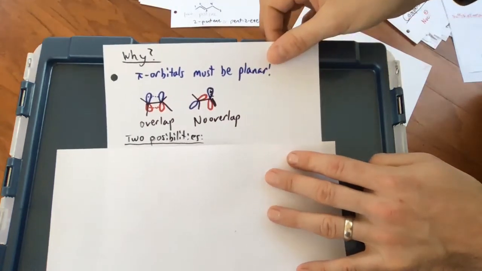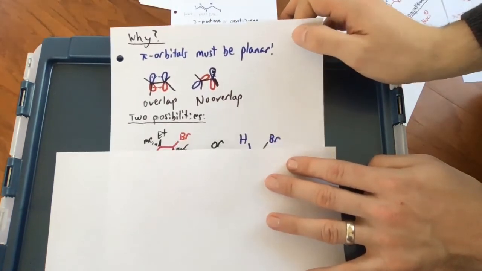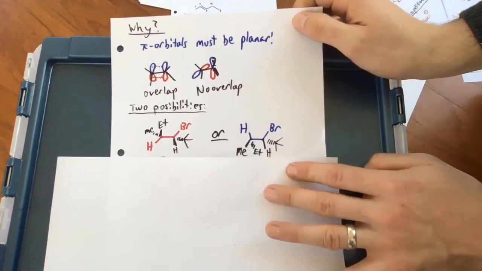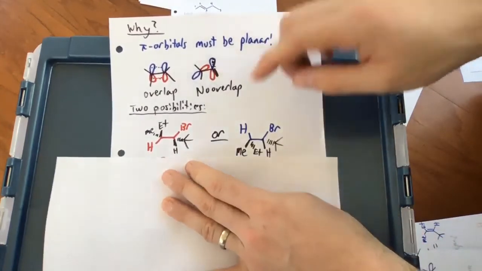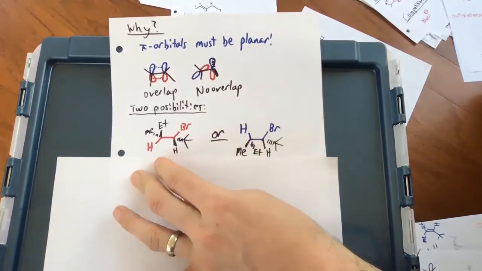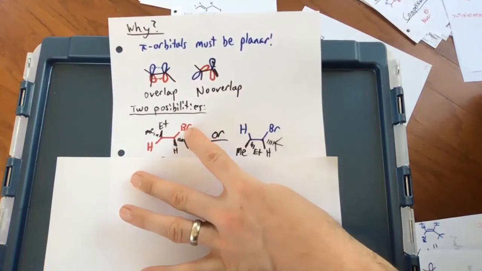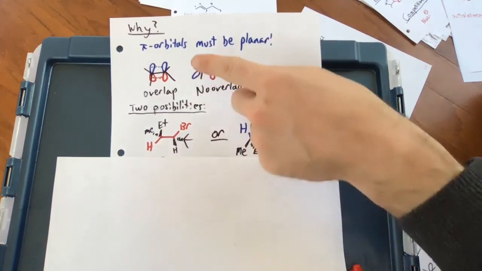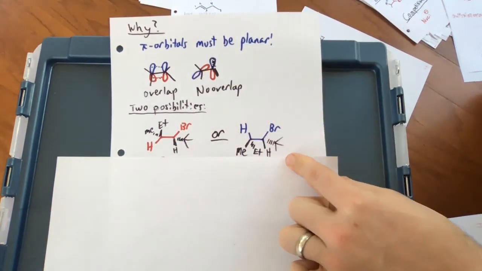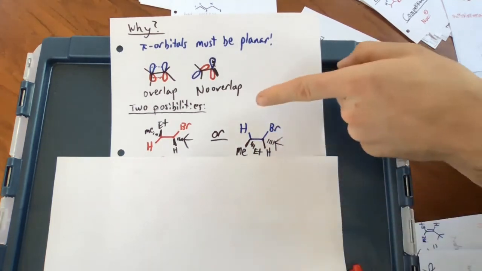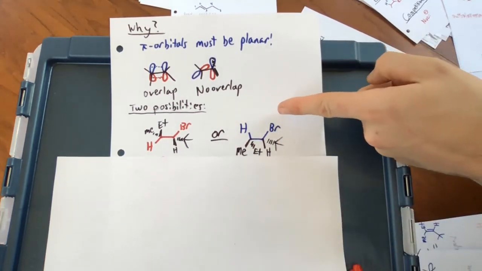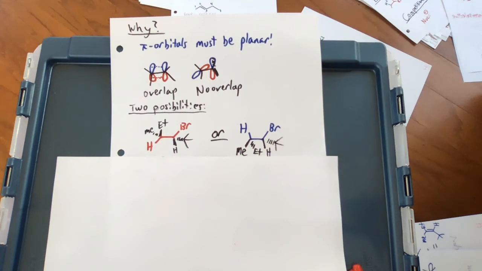So there are two possibilities for this reaction to happen in order for these two things to be planar. The first possibility is that the hydrogen is in this position and the bromine in this one. Or if they're going to be planar to make a pi orbital, they could be here in the blue configuration, where the hydrogen and bromine are on the same side of the two carbons.